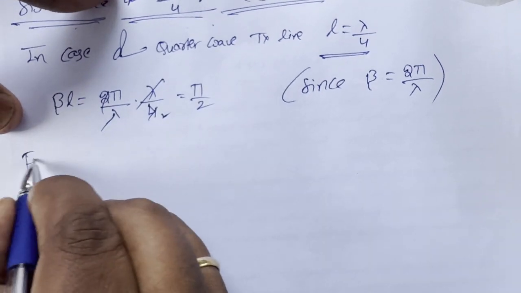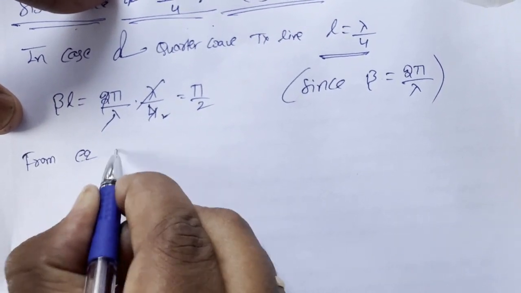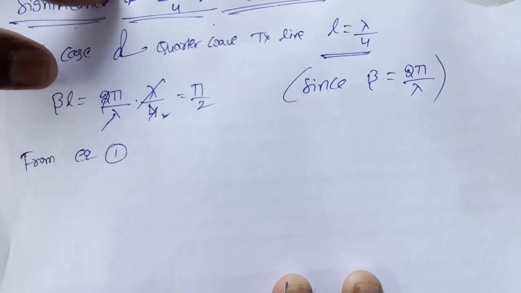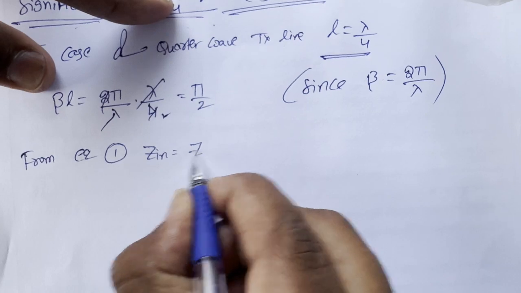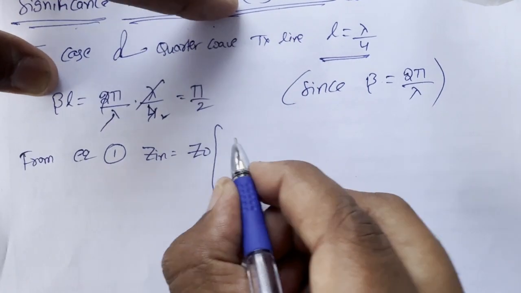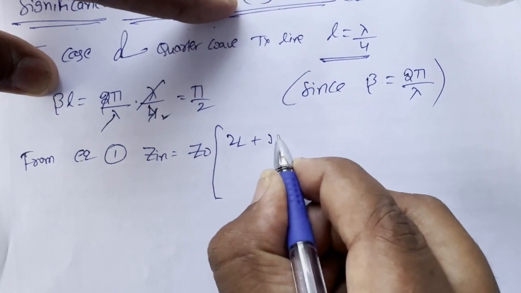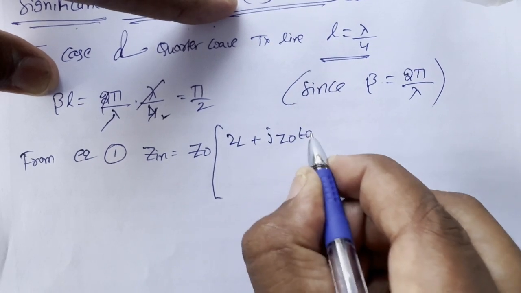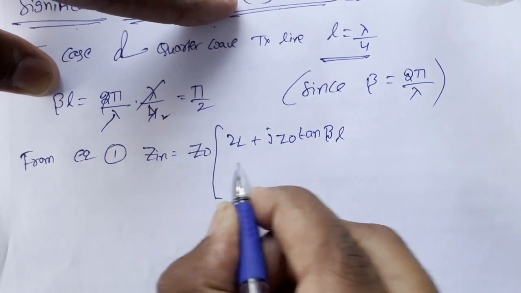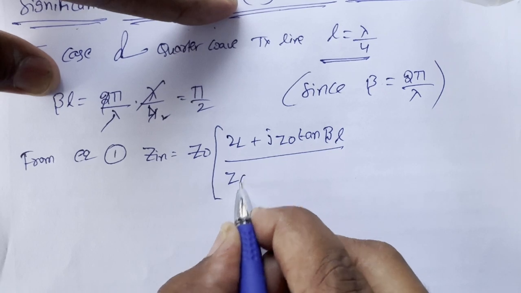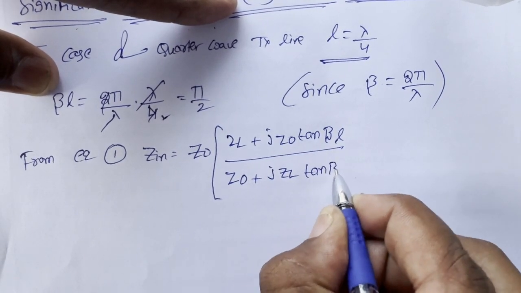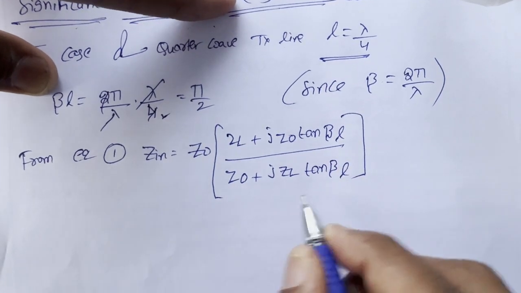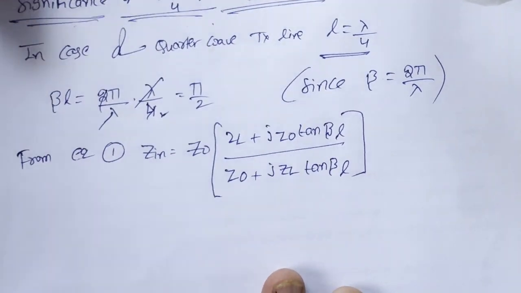Then again from equation 1 we have Zin is equal to Z0 into ZL plus jZ0 tan beta L by Z0 plus jZL tan beta L. It is equation number 1, we have already seen it.